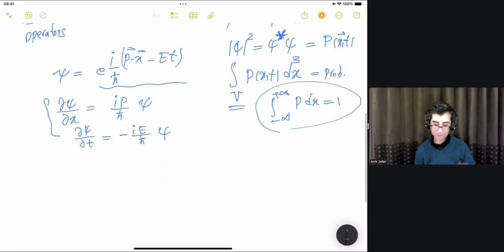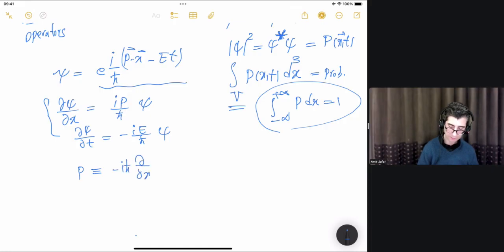This means that the momentum p is basically a differential operator, minus i h bar d over dx. When you act with this differential operator on psi, the wave function, it gives you this. So you can define the momentum operator by this differential operator.